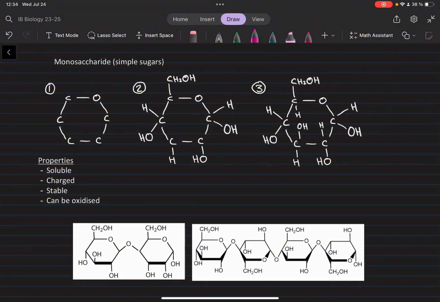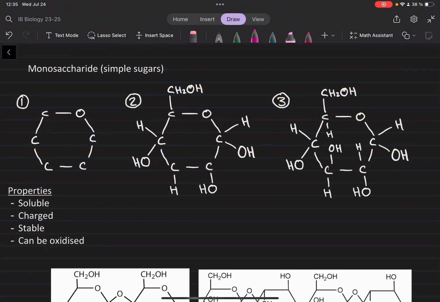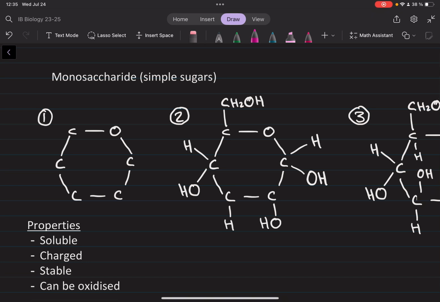Now, the one we need to learn is glucose, and for some unholy reason, we have to memorize how to draw it. There's not really a specific way to memorize the glucose sugar, but I like to set it up into 3 steps. I first draw the carbon ring, which has an oxygen, and always draw the oxygen on the top right, because it's much easier to remember if you always keep it in the same location.